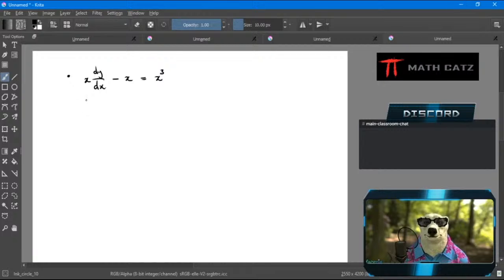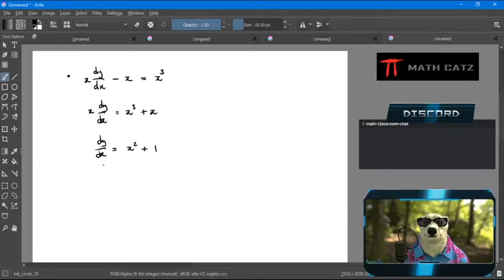If I isolate dy/dx, it's going to be much better. So I isolate the dy/dx term to get x cubed plus x, and then we divide throughout by x to get dy/dx equal to x squared plus 1. Of course, I have to divide throughout. And then I see, okay, well, this is just an antiderivative question again.